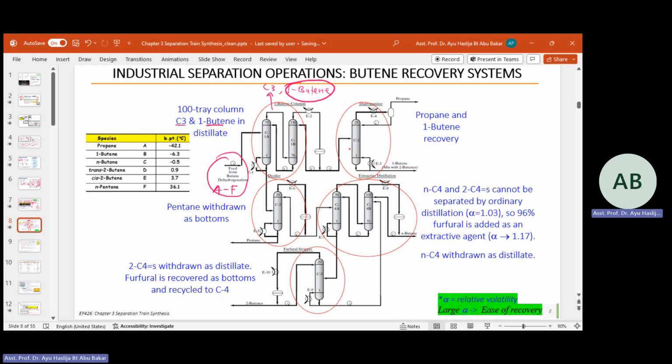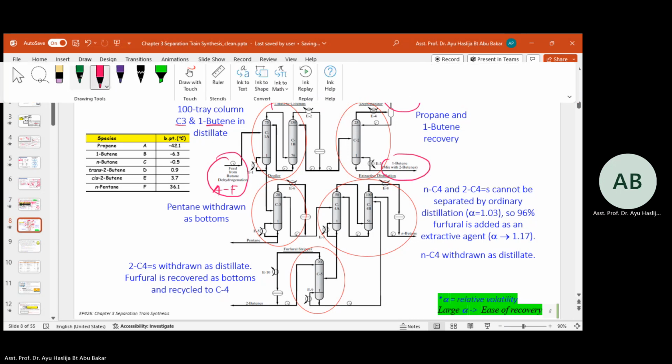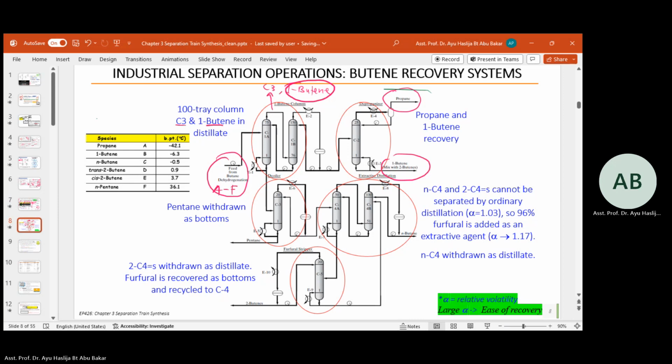Then from this sequence you get propane, C3, and 1-butene.